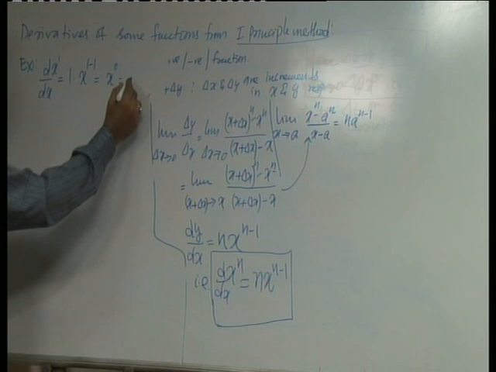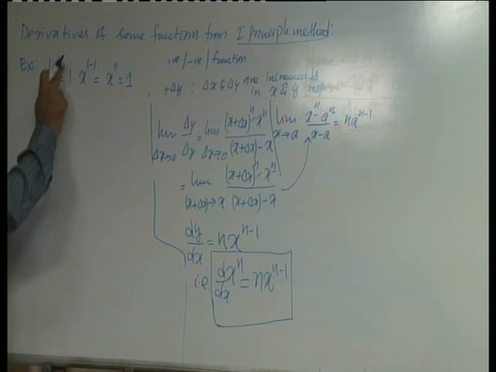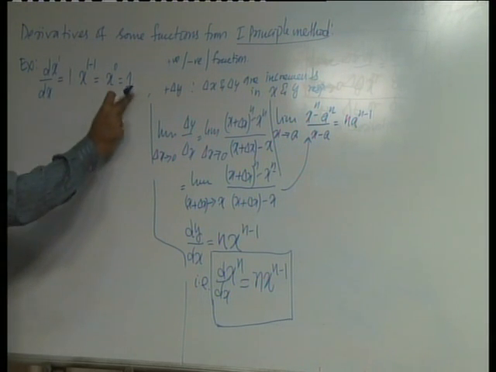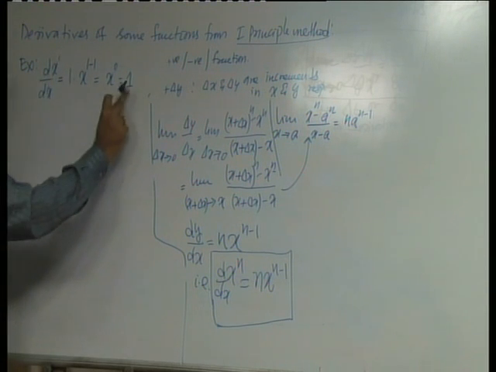Anything to the power of 0 is 1 only. That is why the derivative of x is always 1. Otherwise you can remember it like this: if dx cancels, you will get 1. The derivative of x with respect to x is always 1.